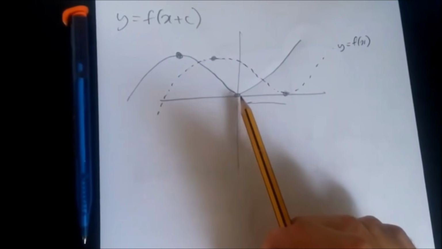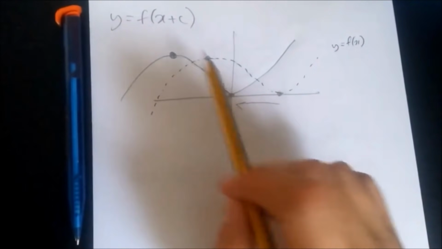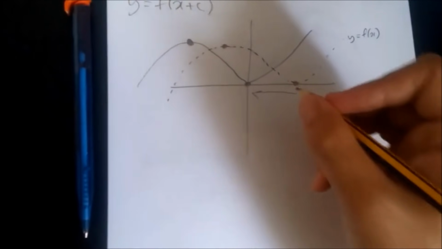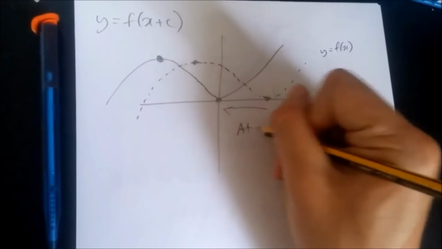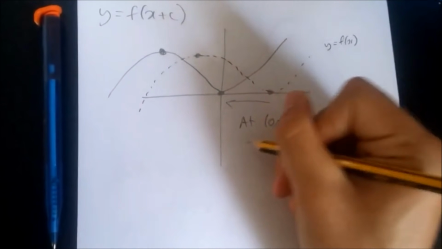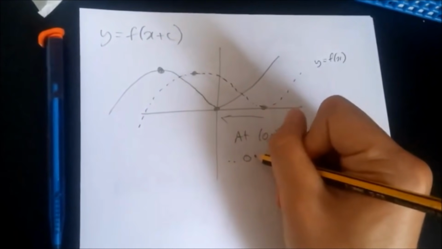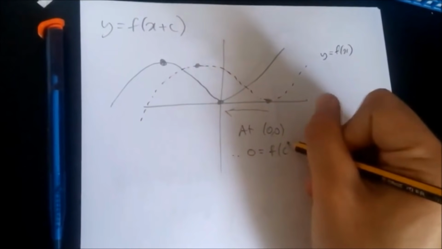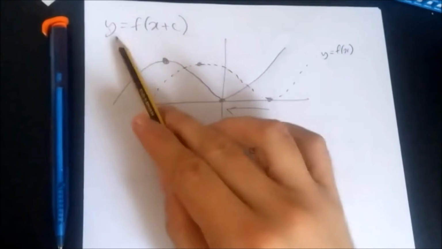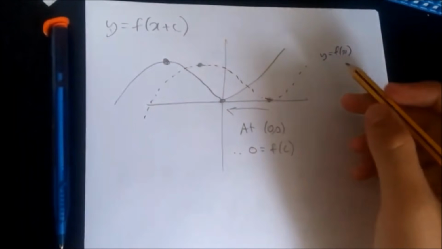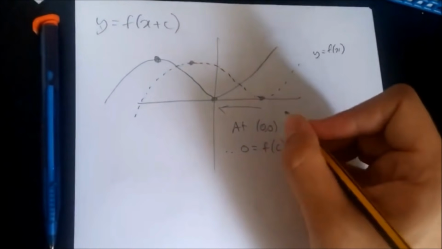So we know because it's at the origin, we can replace x, y with 0, 0. So at (0, 0), we therefore have 0 equals f(c). And we know what f(c) is: pretty much f(x) at point c.